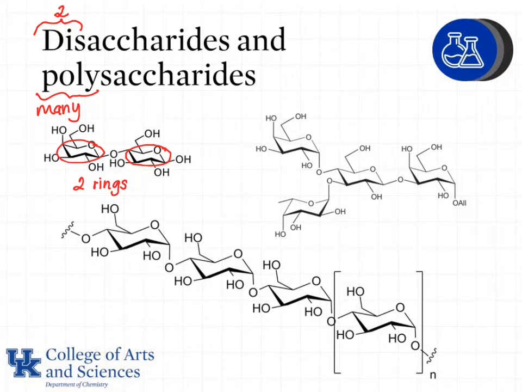If you look on the lower right side of the screen, you'll see brackets with an N. This N tells us this structure is going to continue on for N units. So this is a way to represent a very large molecule without having to draw the entire thing when each carbohydrate is exactly the same in a repeating pattern.